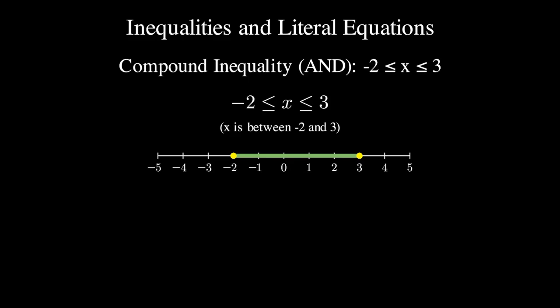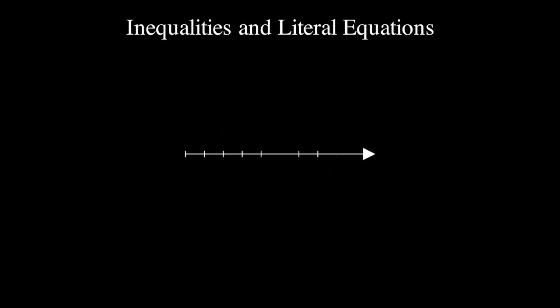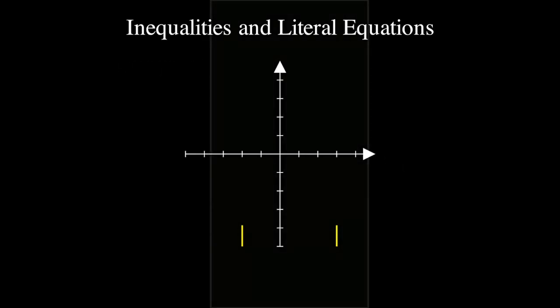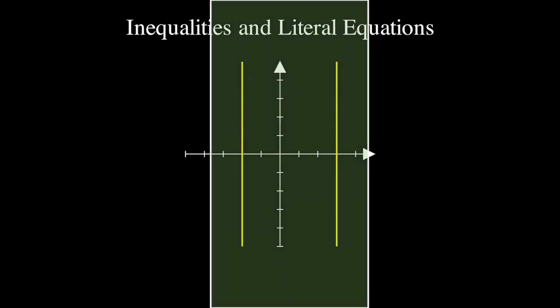This can be represented on the number line with the points negative 2 and 3 marked with yellow dots, with a green line highlighting the valid values for x, which are between negative 2 and 3. When we visualize this graphically, we draw vertical lines at x equals negative 2 and x equals 3, marking the boundaries of the solution. The shaded region between these lines represents all the valid solutions to the inequality.